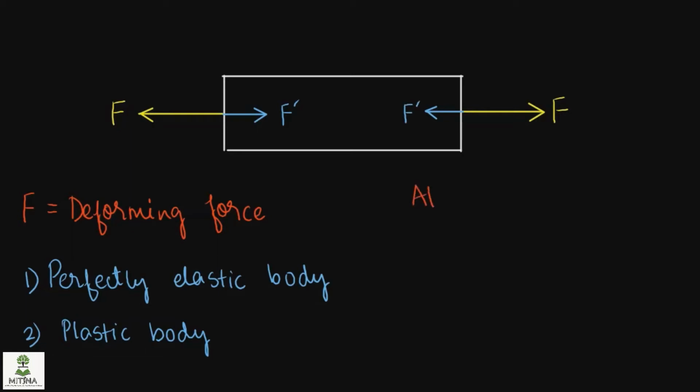Now at equilibrium, the internal force will be equal to the external force. So the internal resisting force is produced due to intermolecular forces when an external force acts on the body. And due to this internal force that we have here, F dash, this is the internal resisting force.